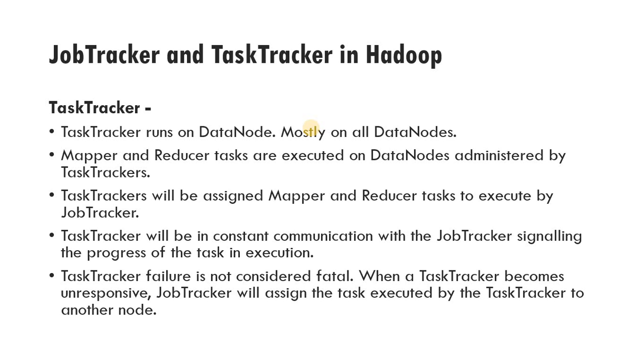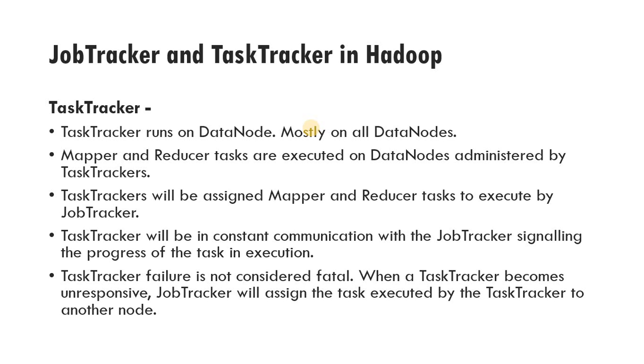Mapper and reducer tasks are executed on data nodes administered by TaskTrackers. As I said, when the MapReduce task is performed, it is performed by the TaskTracker. TaskTracker will be assigned a mapper and reducer task to execute by the JobTracker, and the task is provided to the TaskTracker by the JobTracker.